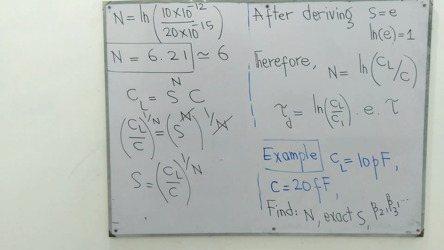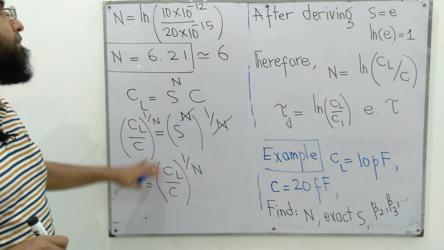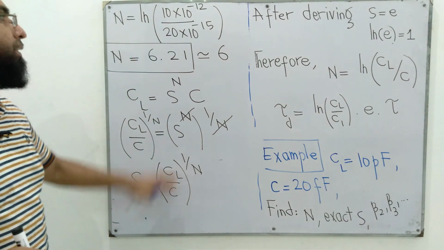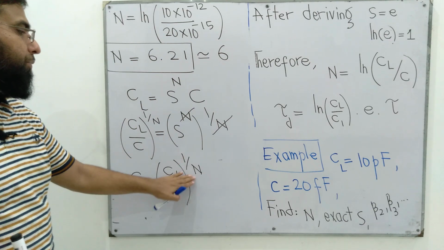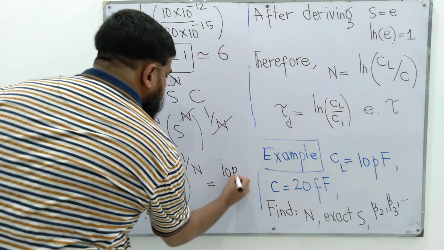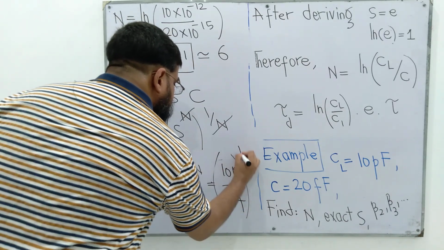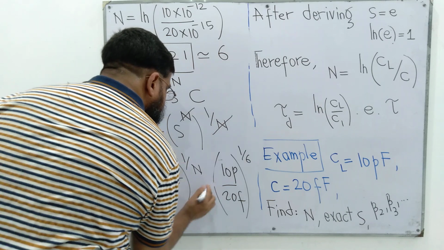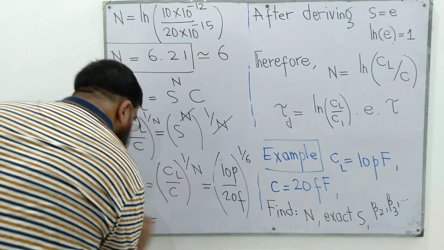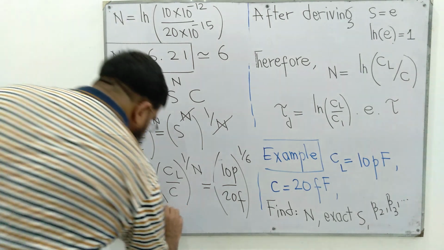If you put the value of CL 10 pico, C 20 femto, and 1 over 6, this is 10 pico over 20 femto to the 1 over 6, and the answer is 2.82.